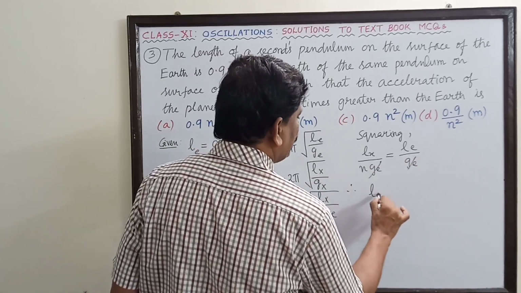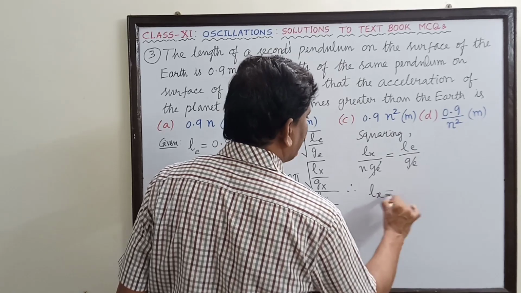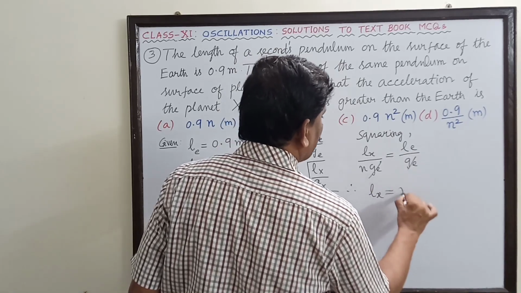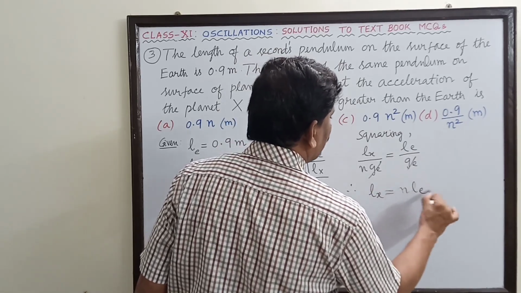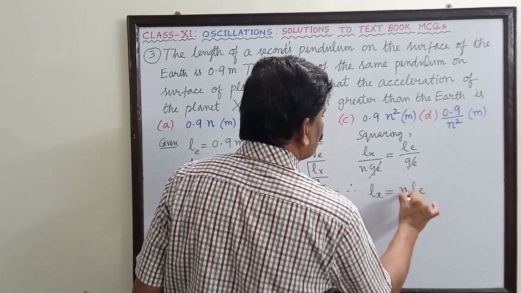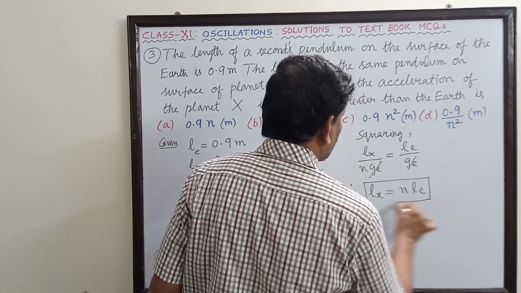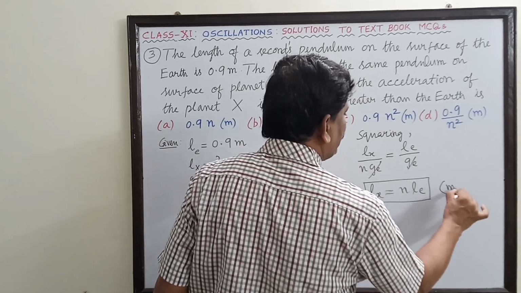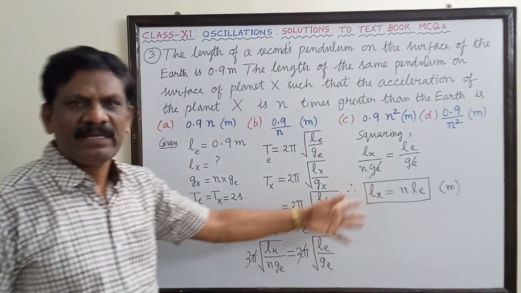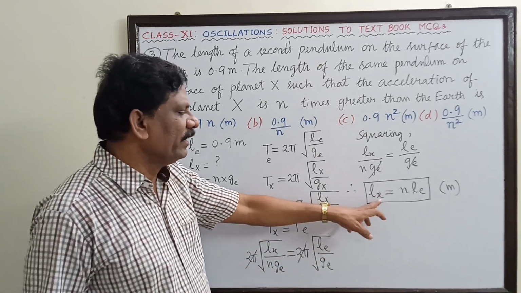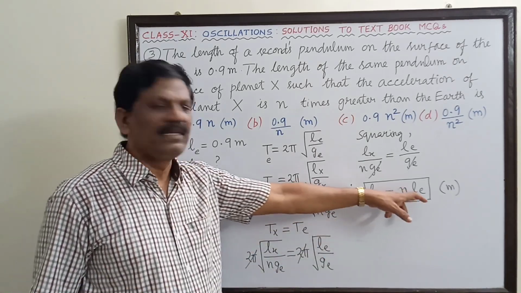Therefore, the length on the planet X, that is L_x, is equal to n times L_e. The unit is meter because it is length. So we have found that the length L_x is equal to n times the length on earth.